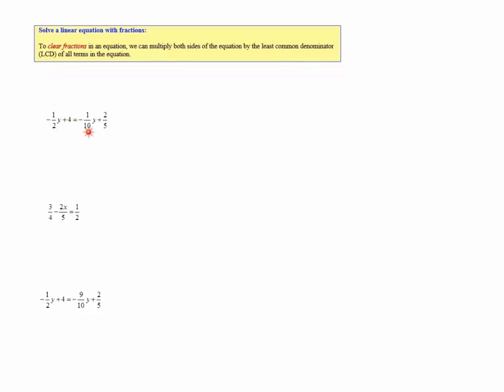So we have to find the LCD among all these numbers. LCD between 2, 10, and 5. Multiply each term by that to eliminate the fraction and then solve for them. So for those of you watching this later at home, I suggest you pause the session right now and see if you can complete this on your own and then compare your answer with us.